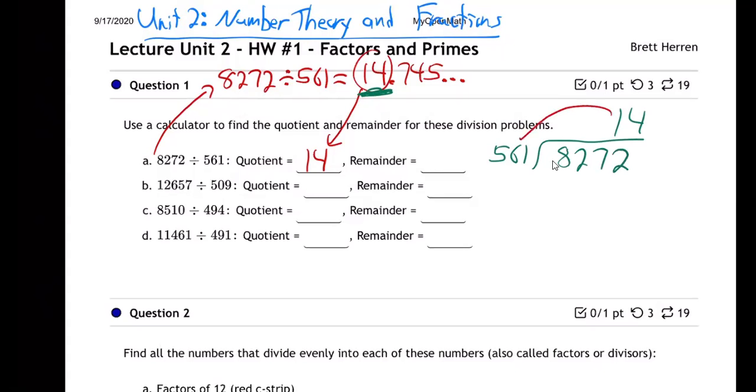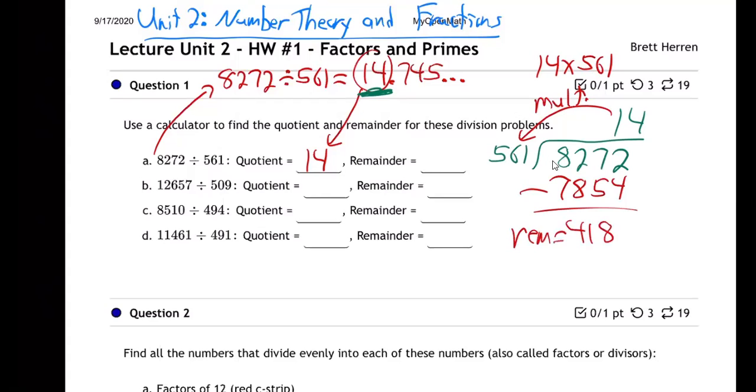Well, you have to multiply, don't you? Isn't that what long division is about? We multiply 14 times 561 on your calculator. You can use your calculator for everything. I'm getting 7854, and then we subtract from 8272, and I'm getting 418.